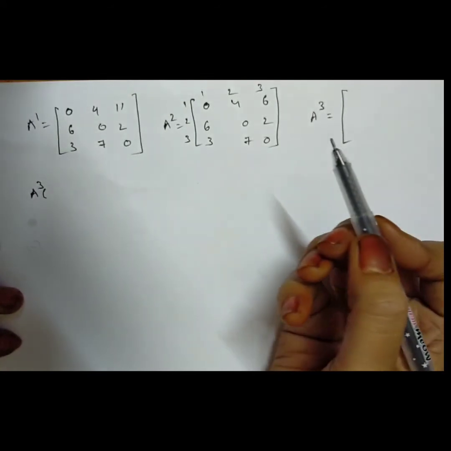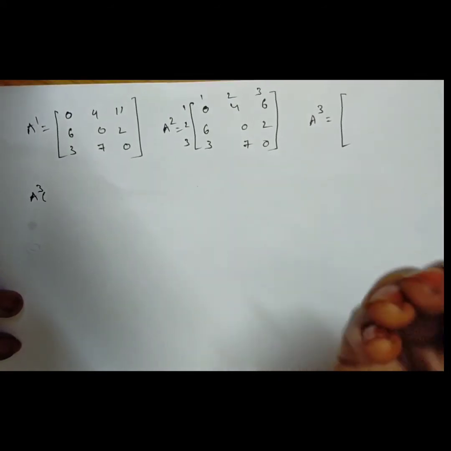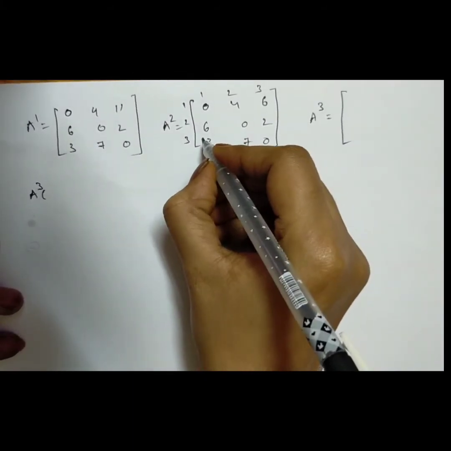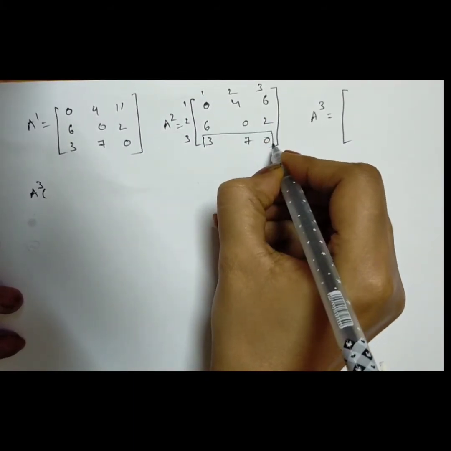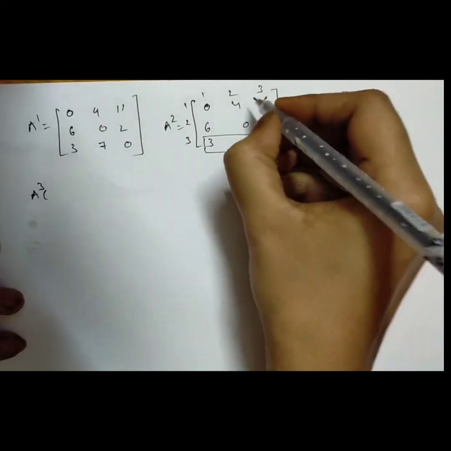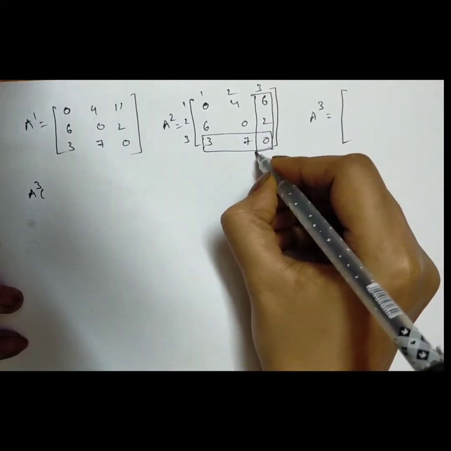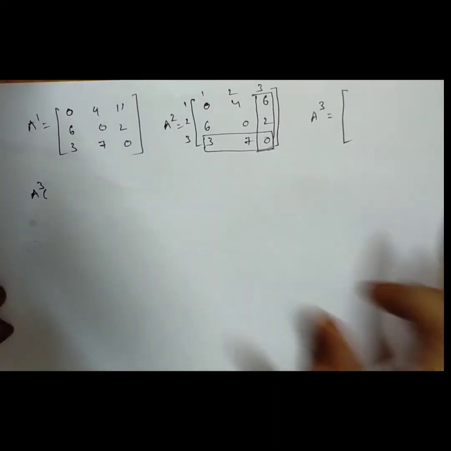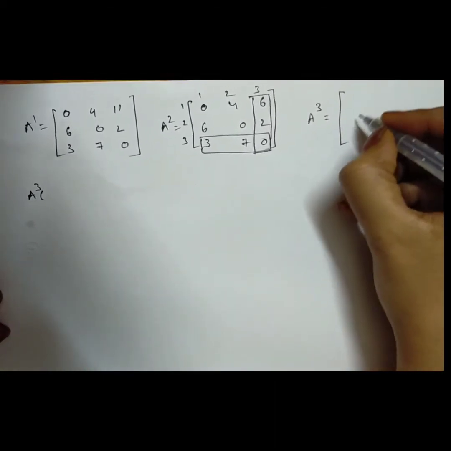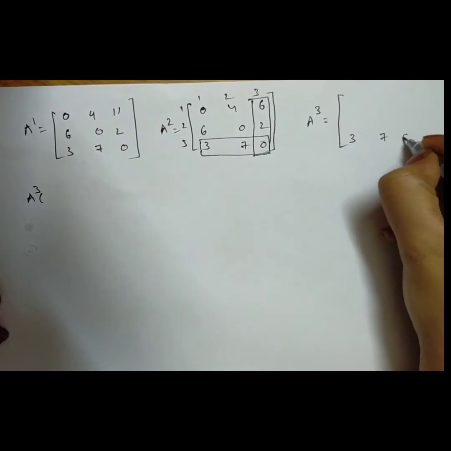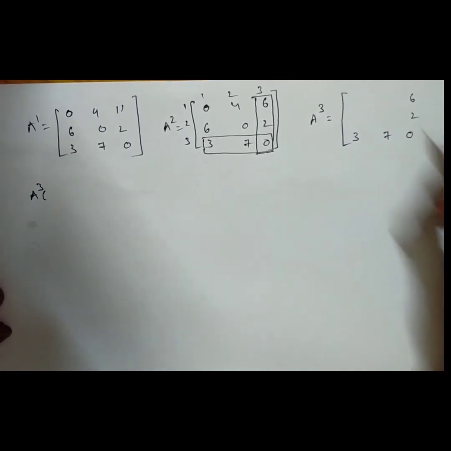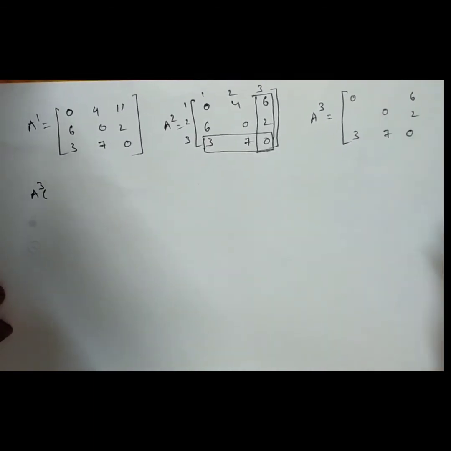Now for finding the shortest distance for vertex 3, you need to keep the third row and third column unchanged. Okay, so these values remain unchanged, 6, 2, and the diagonals also remain unchanged.